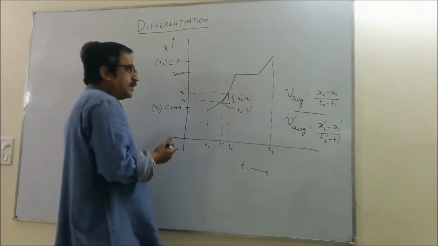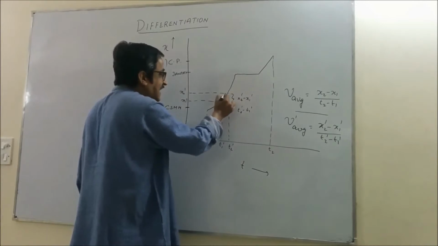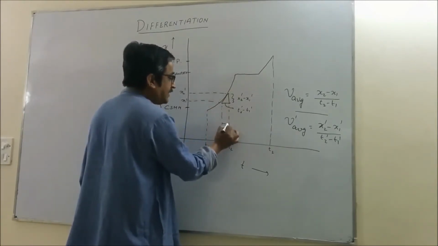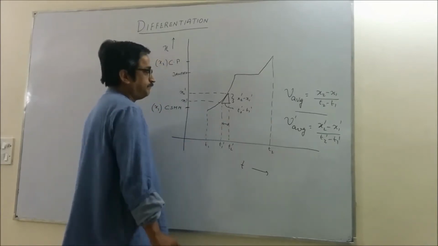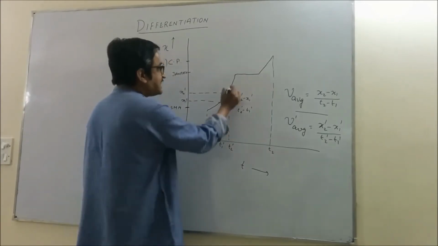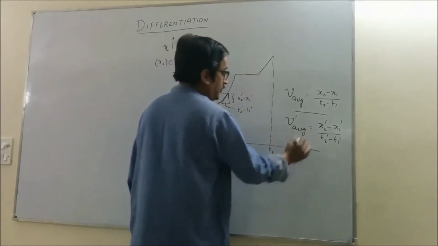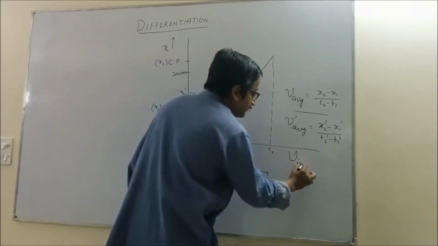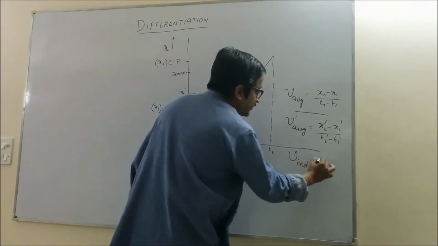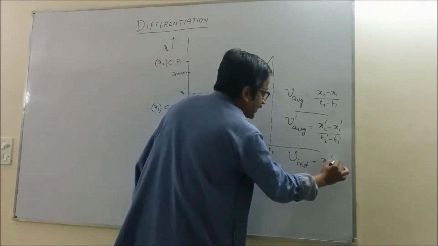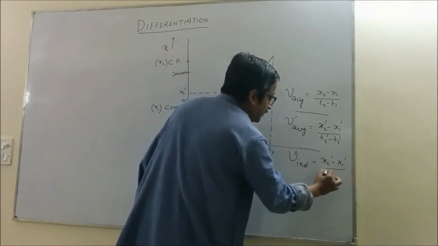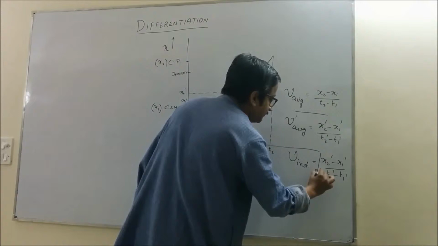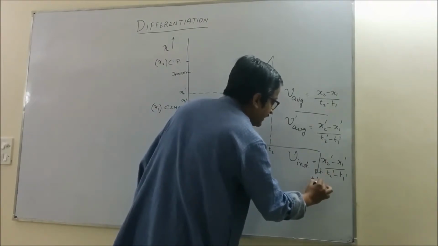But if I become more greedy, I want it exactly at certain points. So what will I do? I will make this interval small. As I make this interval small, I will get what I call the instantaneous velocity, which is basically x2 prime minus x1 prime by t2 prime minus t1 prime with the limit t2 prime tending to t1 prime.